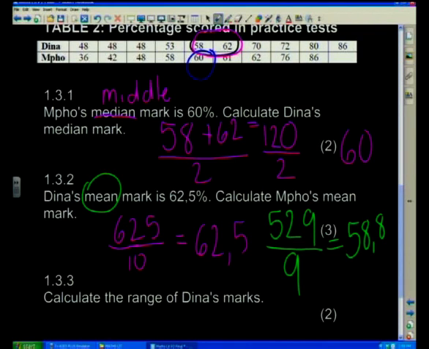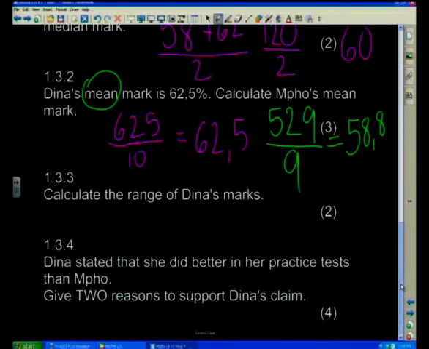Let's move on to 1.3. Calculate the range. We just have to remember what the word range means. Range means the biggest number minus the smallest number.